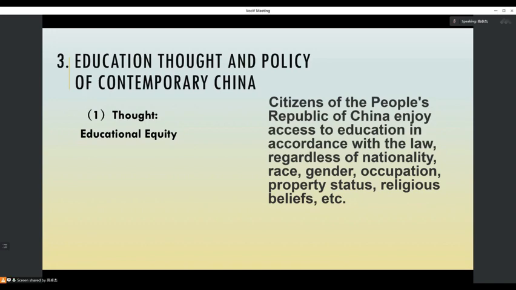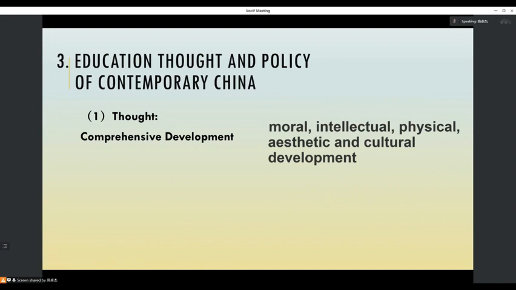So the law protects the right of education for Chinese. And the comprehensive development: moral, physical, aesthetic, culture.